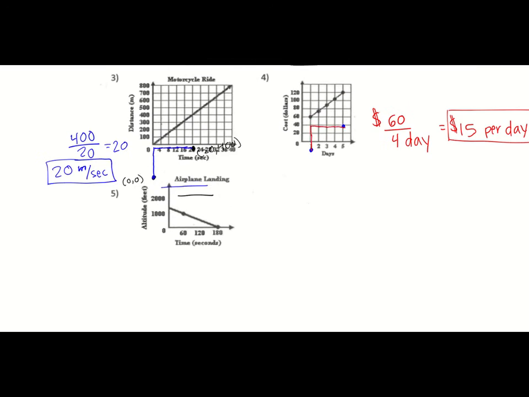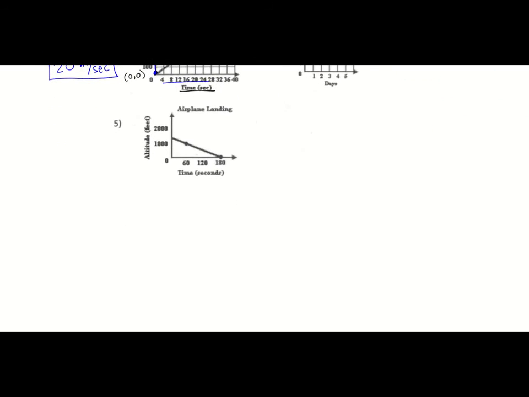Okay, we have one more example down here to look at. This one says we have an airplane landing, and it starts at about, that looks like about 15,000 feet up here in the middle, 1,500 feet, and it's coming down, and we want to know what the rate of change is as that airplane is landing.